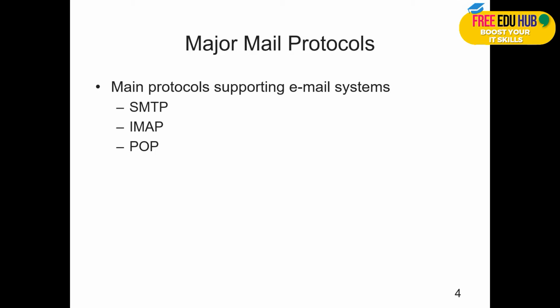IMAP provides the facility where you don't need to download the emails. They remain on the server. You just configure it on your mobile devices or home computers, even if you are outside the organization, and you'll be able to exchange emails, read and delete.